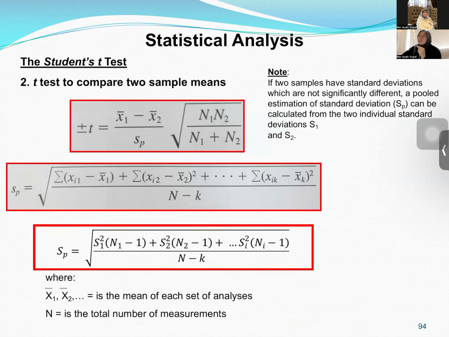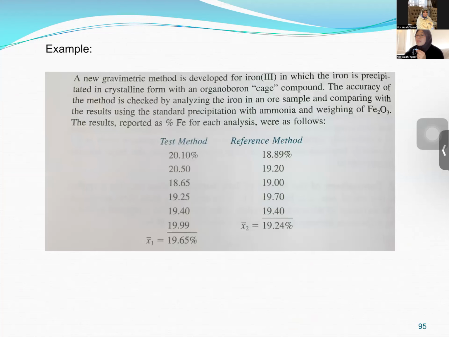If two samples have standard deviation, this is an example. A new gravimetric method is developed for iron, in which the iron, and so on. You again develop a new method. The accuracy of the method is checked by analyzing the iron and comparing with the results using the standard precipitation with ammonia.